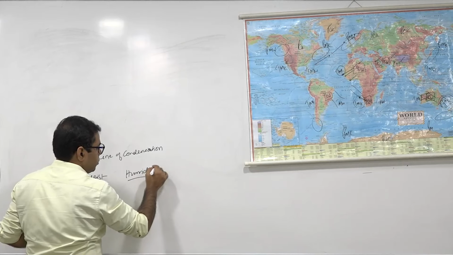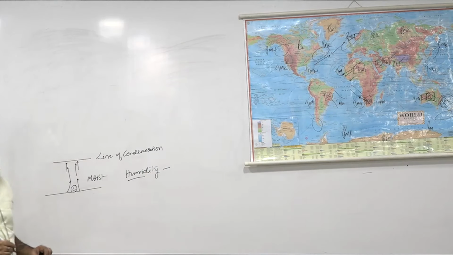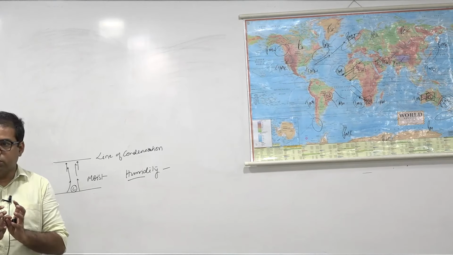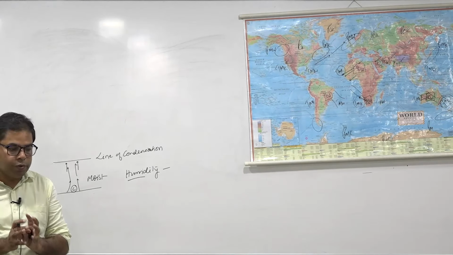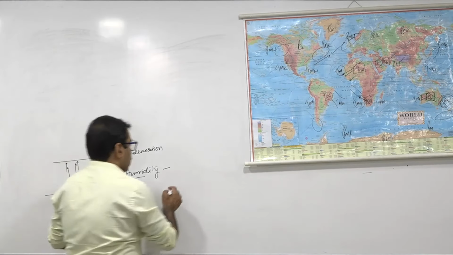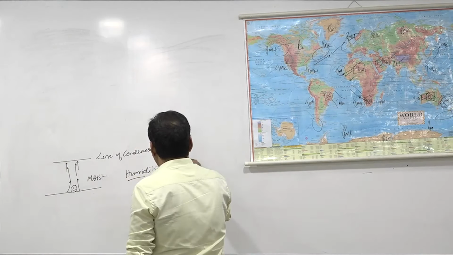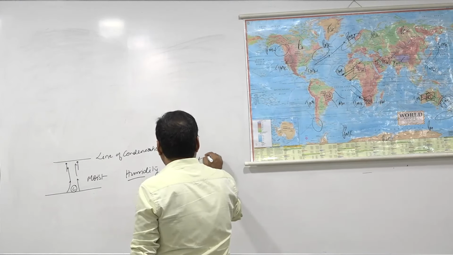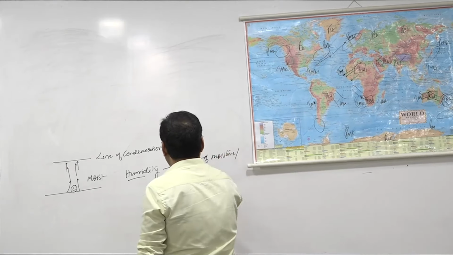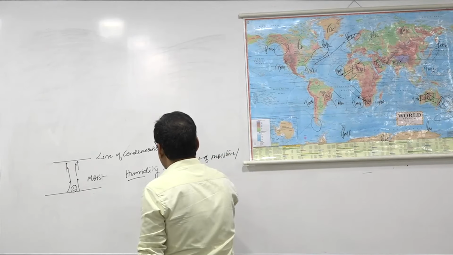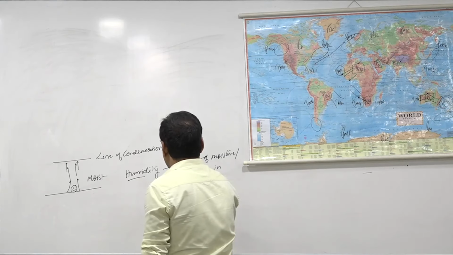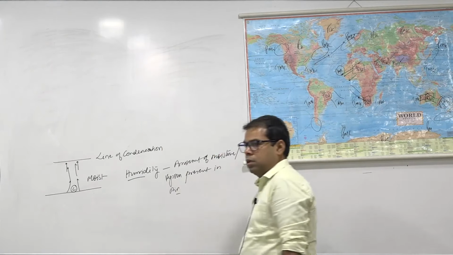Humidity, you understand the concept of humidity? Humidity means presence of moisture in a given parcel of air, over the space and the time. The humidity is the amount of moisture or vapor present in air.